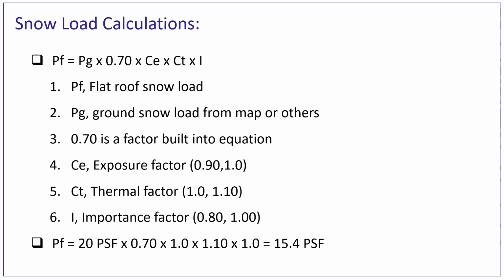One of the first steps in calculating the snow load required on roofs is to convert the ground snow load from the map to a flat roof snow load, as shown in this equation.